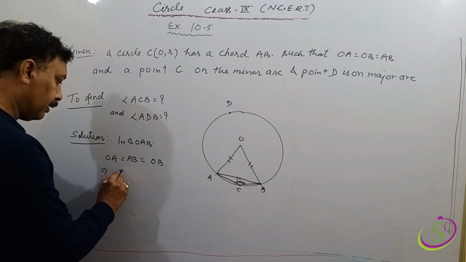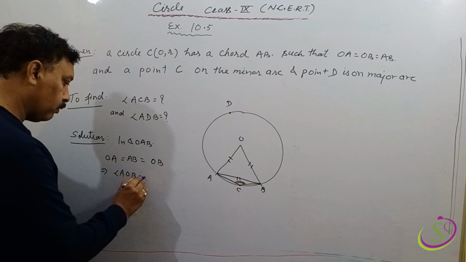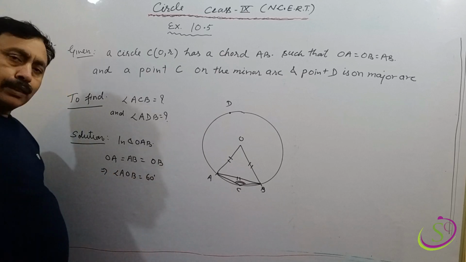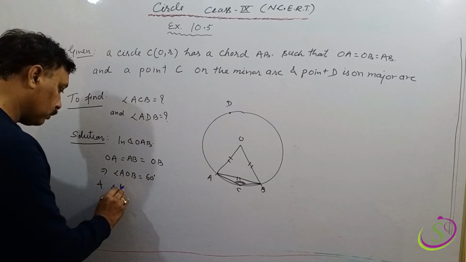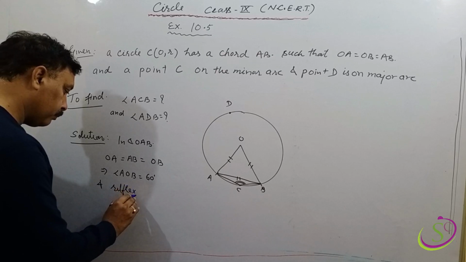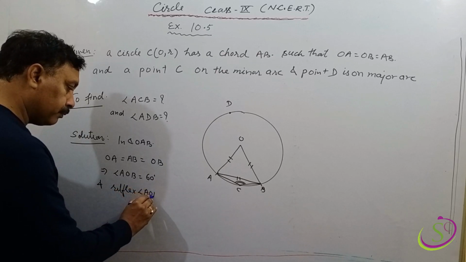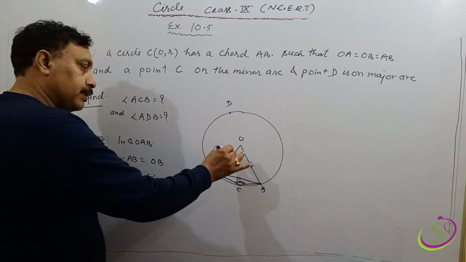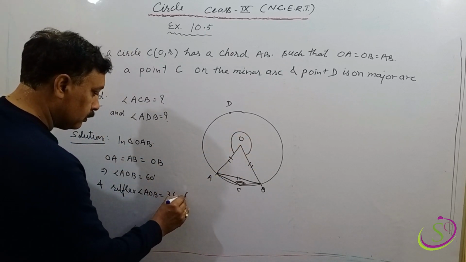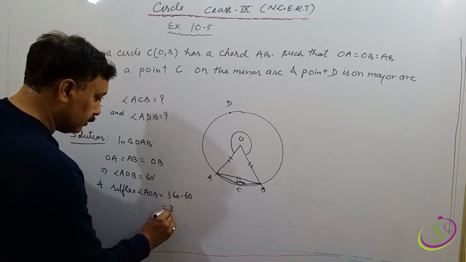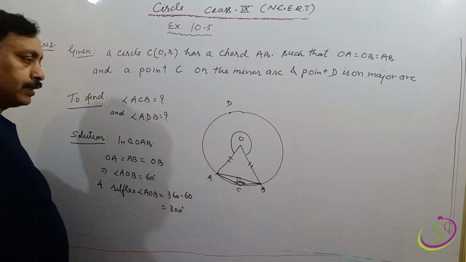So angle AOB will equal 60 degrees. Clear? And the reflex of angle AOB, reflex means this angle, will be 360 minus 60, that is 300 degrees. Clear?